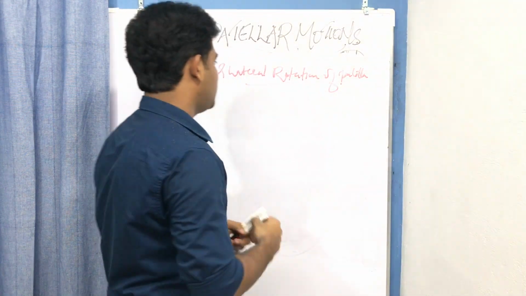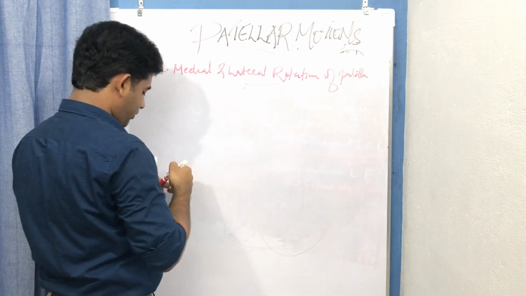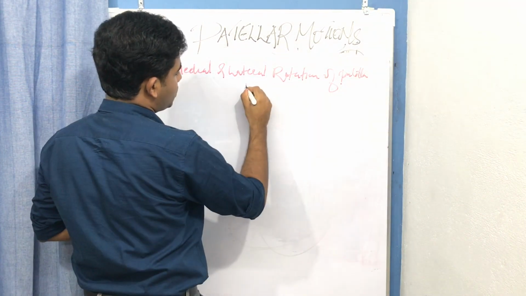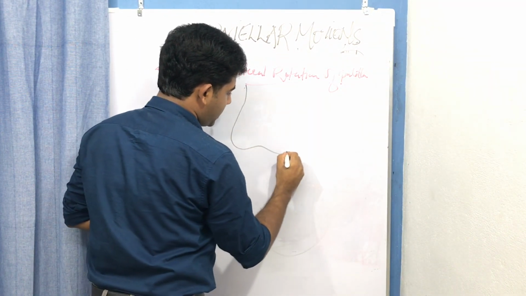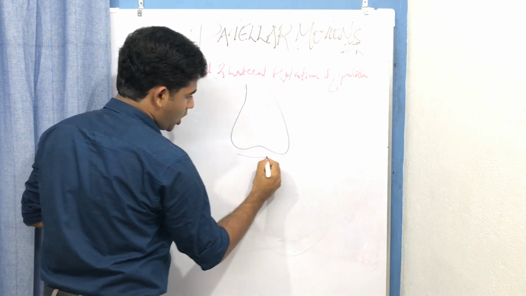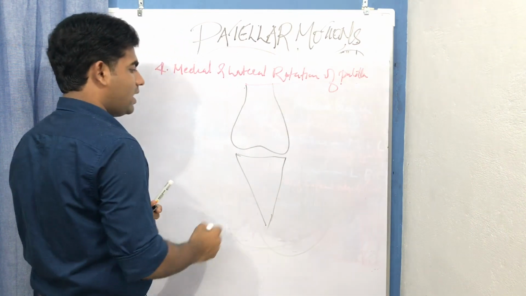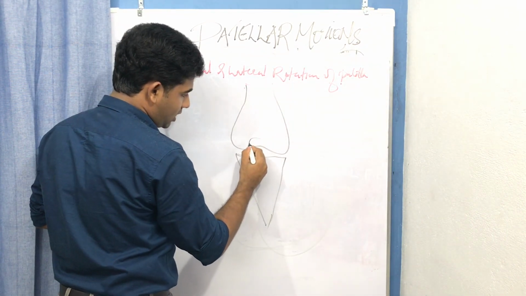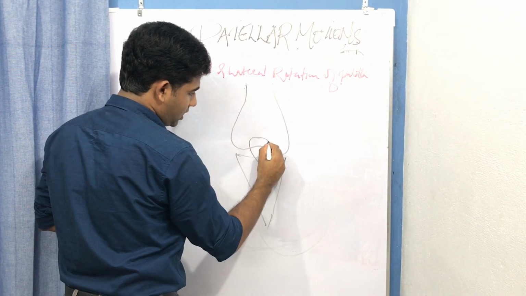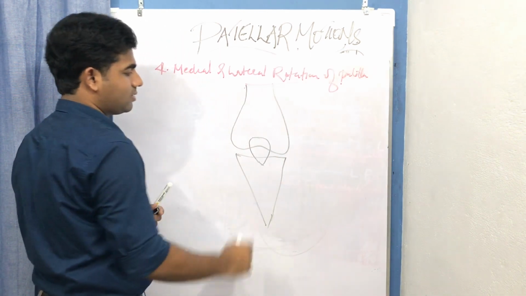Now let us imagine what is happening in rotation of the patella. Let us draw our femur, let us draw our tibia, and we have our patella resting here.